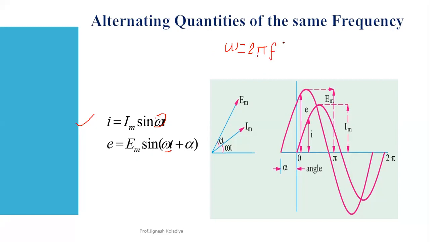If there is any change in frequency, then that multiplying factor is written over here. For example, if it is like 4 pi f instead of 2 pi f, then it is 2 into 2 pi f, right?